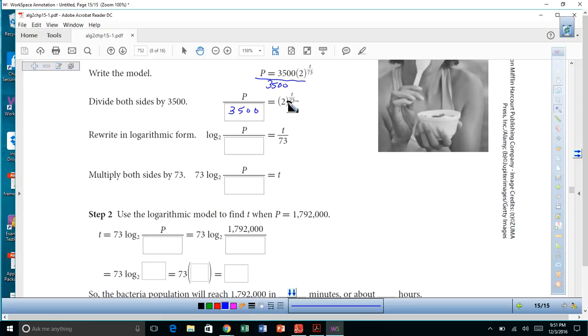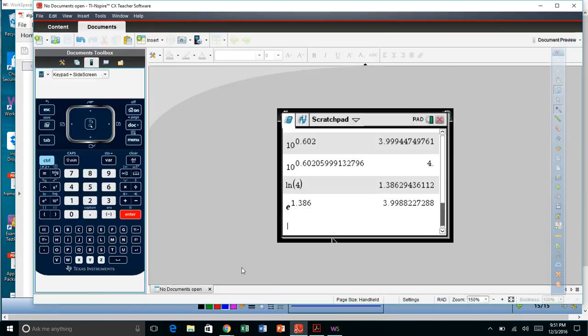Now, we need to rewrite this in log form so that we can get rid of that 2. So log base 2 of P over 3,500 equals, and if you'll watch, log base 2 of 2 equals 1. So that's how that gets rid of that. Let's try that in the calculator.